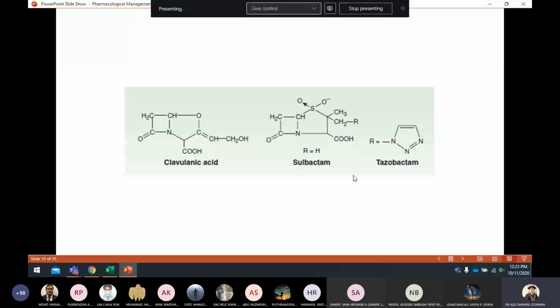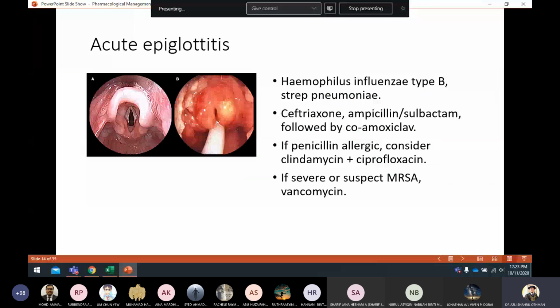In the case of ampicillin plus sulbactam, it is also the same. You can see the chemical structure is also similar. Sulbactam acts the same way as clavulanic acid by deactivation of beta-lactamase. So ampicillin and sulbactam is one of the choices for you to treat acute epiglottitis.